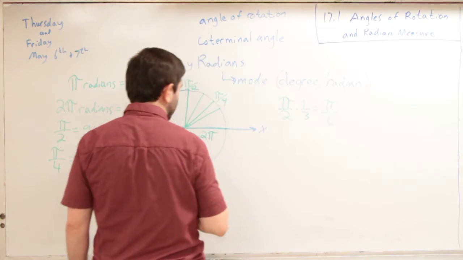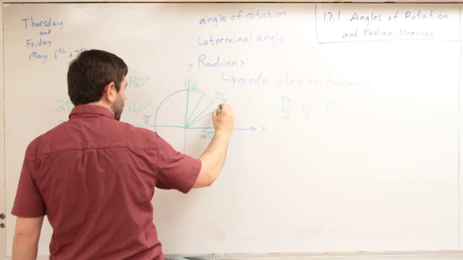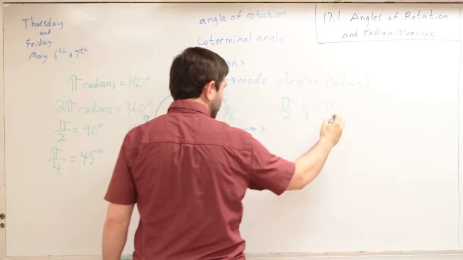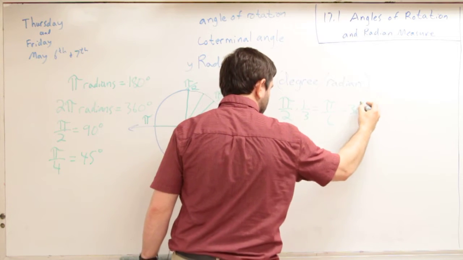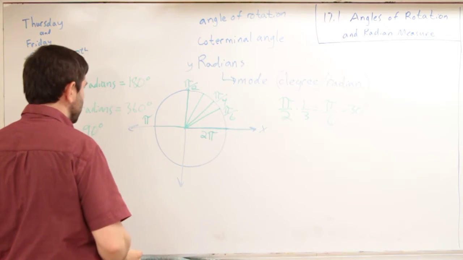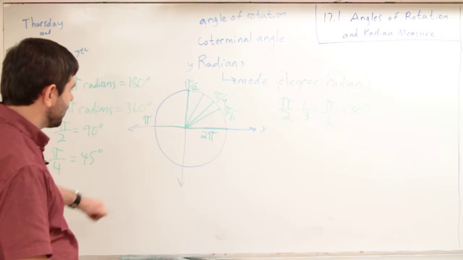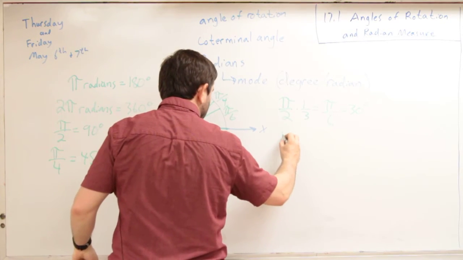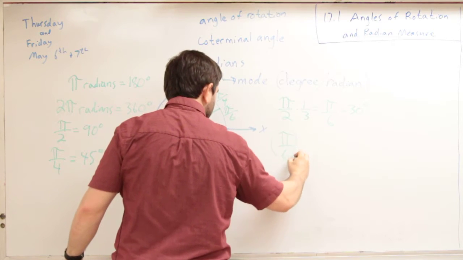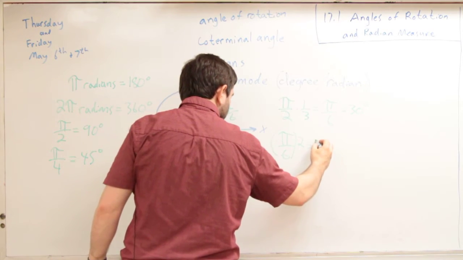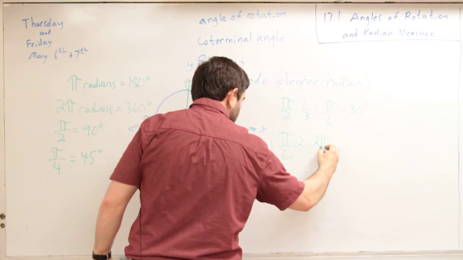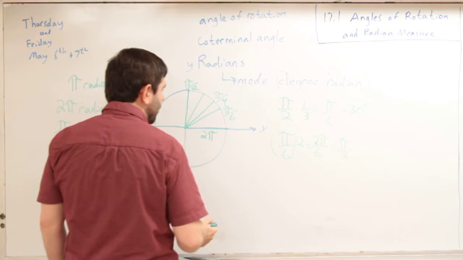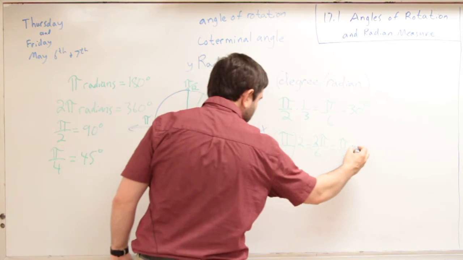Pi over 6. So 30 degrees is pi over 6. Pi over 6 radians is 30 degrees, and then double it to get to this value here. Pi over 6 times 2 equals 2 pi over 6 equals pi over 3. So pi over 3 is 60 degrees.